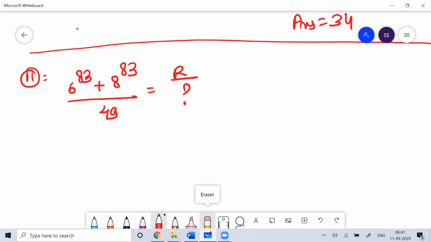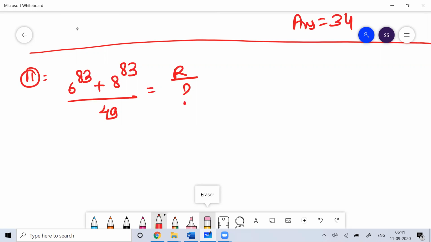49 is 7 into 7, and 7 sixes are 42. If I remove 42 from 83, you get 41.